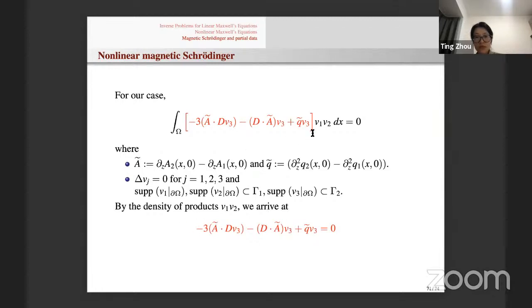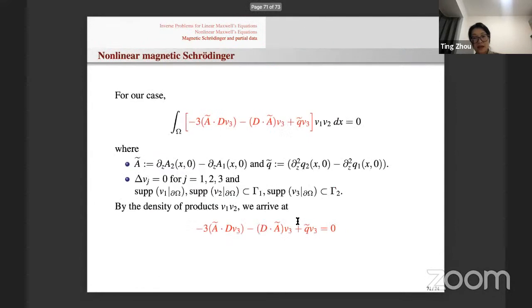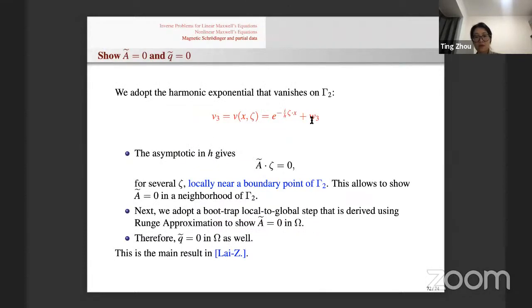So first, what we did is to use the product of two solutions being dense, which was established earlier in this work already. And that basically tells you that you can immediately get what's in the bracket being 0. Okay, and from there, we choose V3 being this special solution again, exponential plus the W3 to cancel the exponential on the boundary.